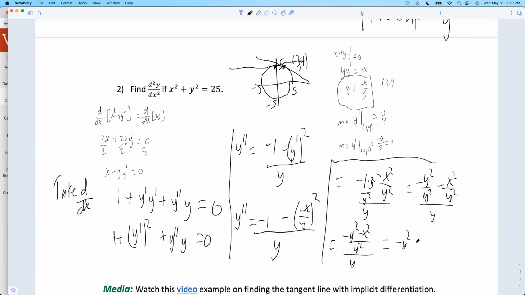That would be -(y squared plus x squared) over y squared, times 1 over y, which is something nasty looking like this. So that is y double prime. Is that much prettier? I don't know. Maybe it wasn't helpful to go through this. I think it's a little cleaner. I was hoping the y's would cancel out, but they're not going to.